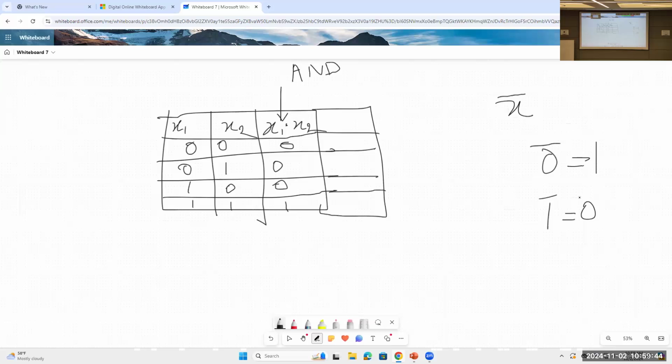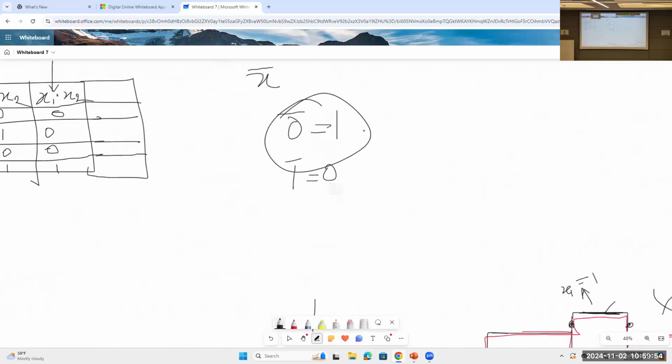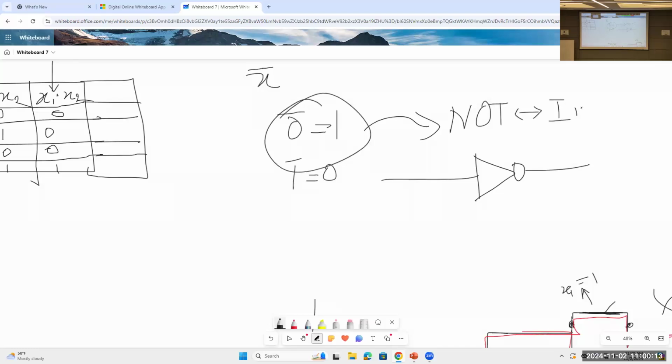So if you invert the Boolean value, it is called a bar, and this operation is called NOT. And there is a gate called the NOT gate.